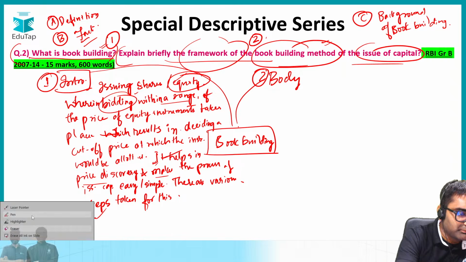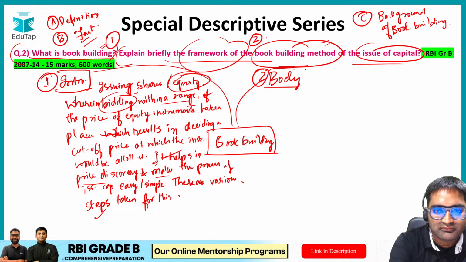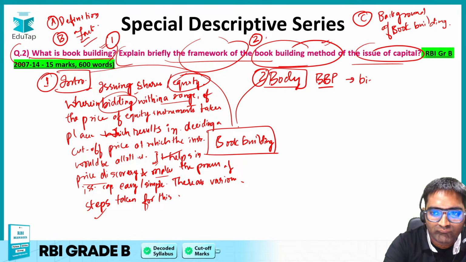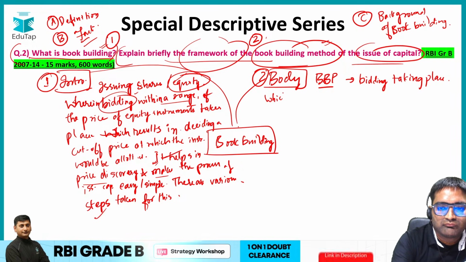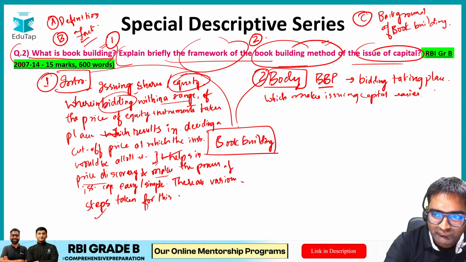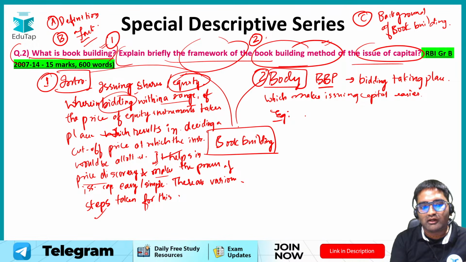You can just mention very briefly again, as we can see, in the book building process there is bidding taking place, which makes issuing capital easier or simpler.